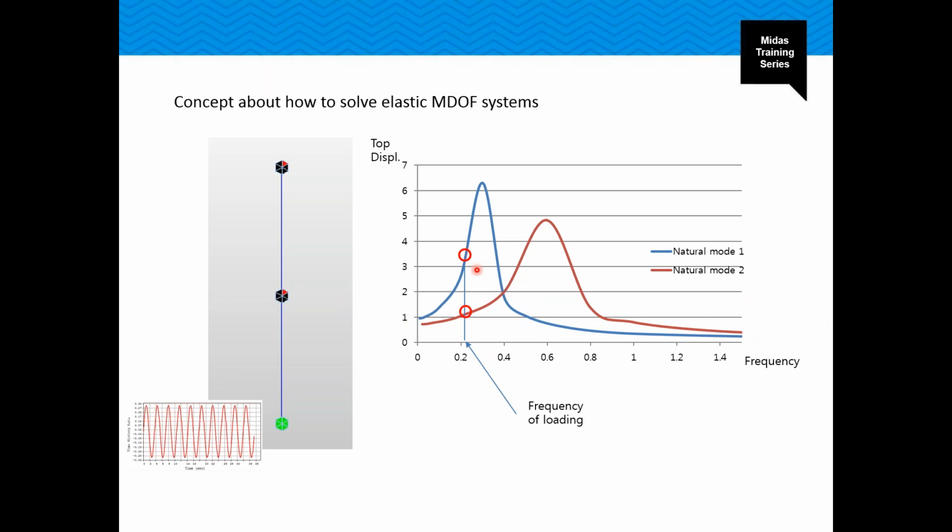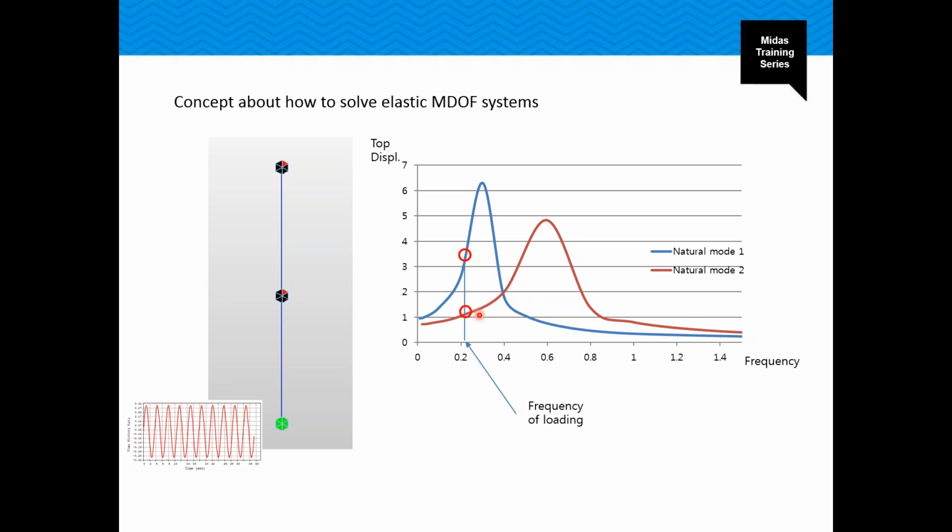In this case, as the frequency of loading is closer to the frequency of natural mode 1, the contribution of mode 1 will be larger than mode 2. Once we know the displacement of each natural mode of the MDOF system, we can determine the displacement of the MDOF system.